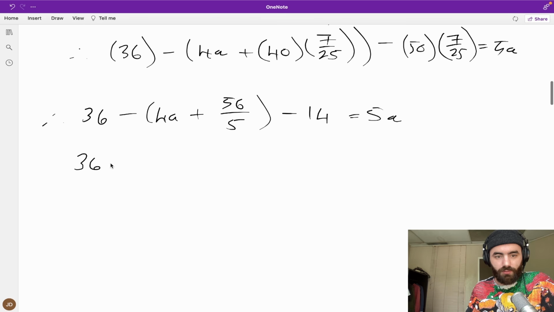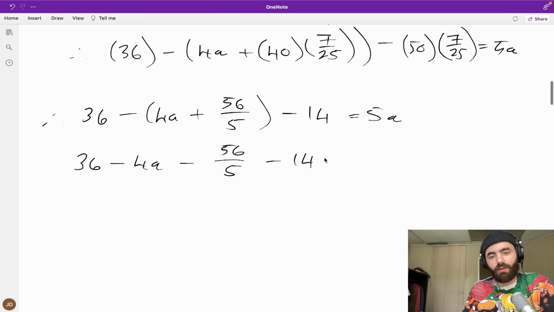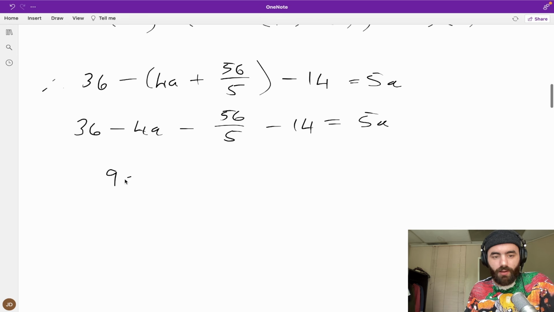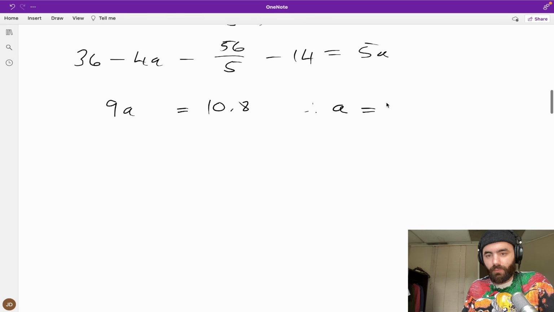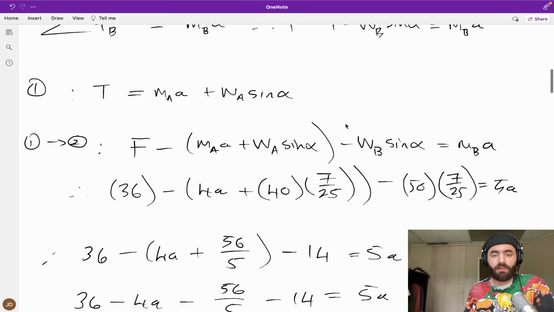We get 36 minus 56 over 5 minus 14 equals 9a, so a equals that divided by 9, which is 1.2. The acceleration of these blocks individually, or the system overall, is 1.2 meters per second squared.